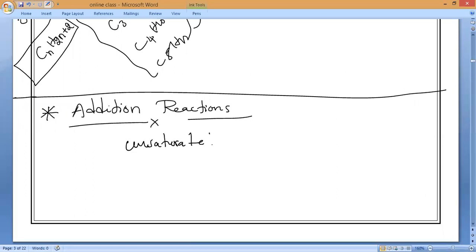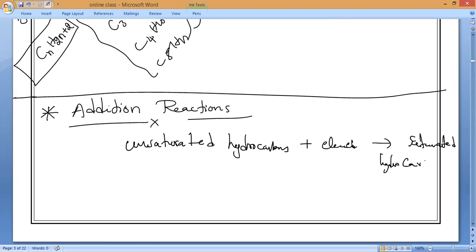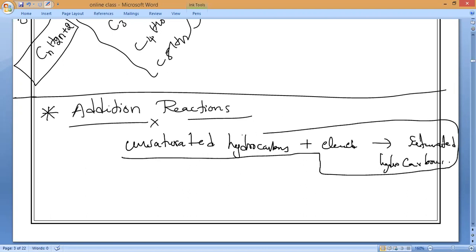In a single line, by adding some element we convert unsaturated hydrocarbons into saturated hydrocarbons.